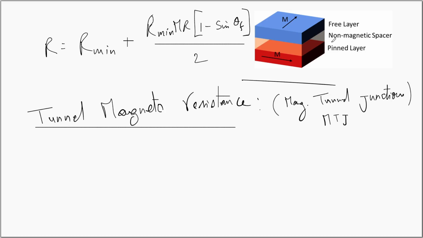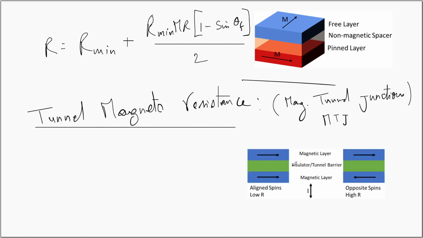When two ferromagnets are magnetized in parallel direction, there is higher probability of the electrons to tunnel through the insulating layer than if the magnetization of the two layers are antiparallel. Thus, the parallel configuration results in minimum resistance and the antiparallel configuration results in maximum resistance.